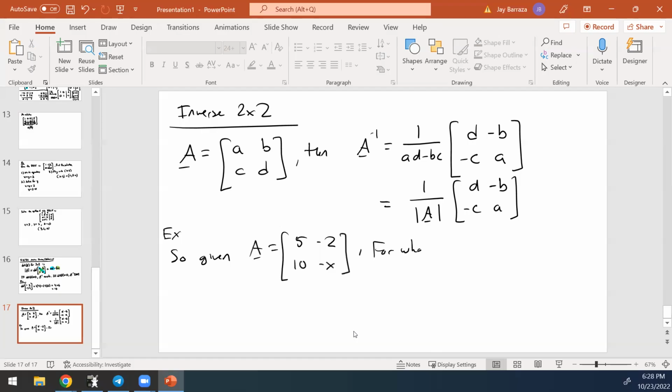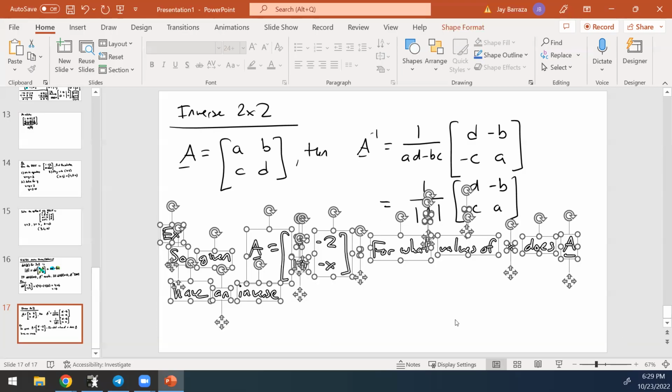For what values of X does A have an inverse? Actually, I'm going to go to the next slide because I want more space. So next slide.